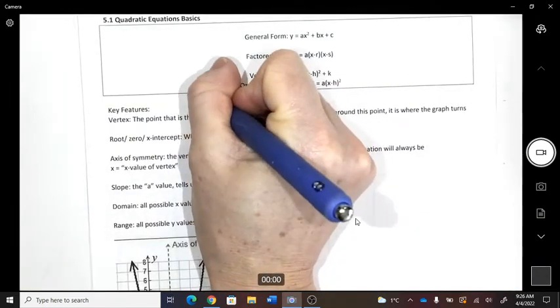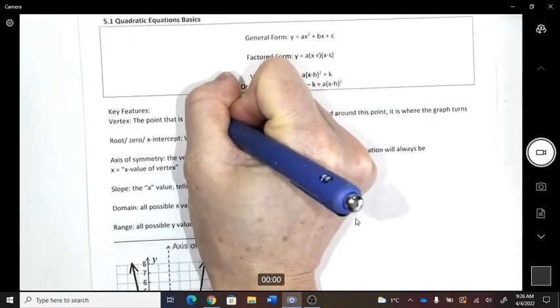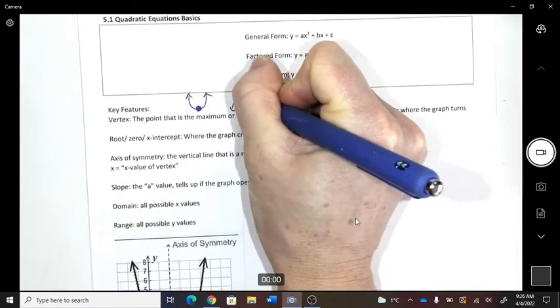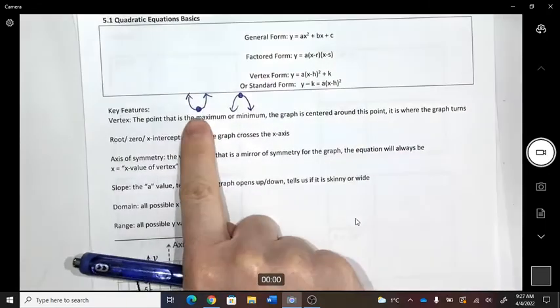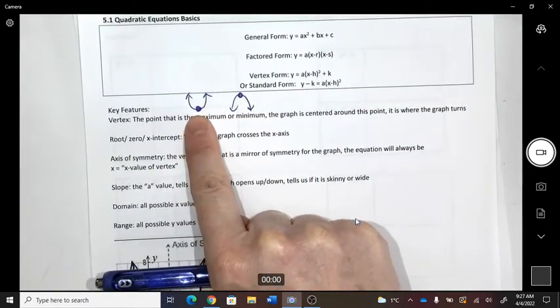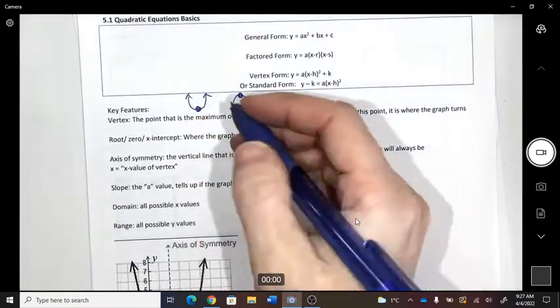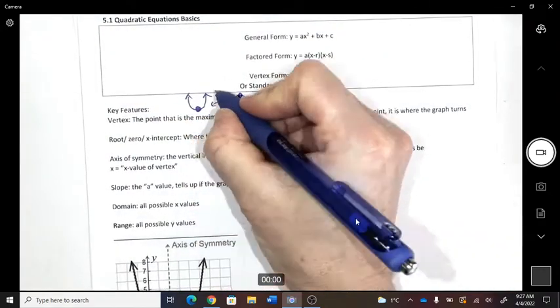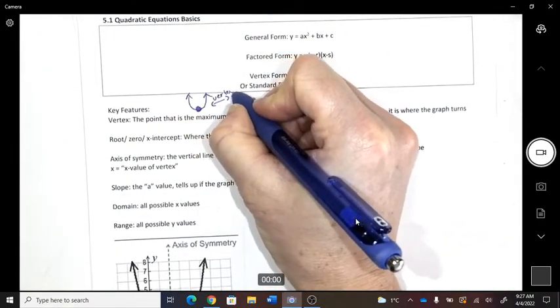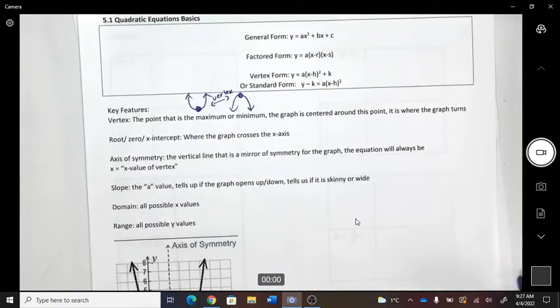This or that is called a vertex. Depending on what your shape looks like, the vertex is either right on the bottom or right on the top.